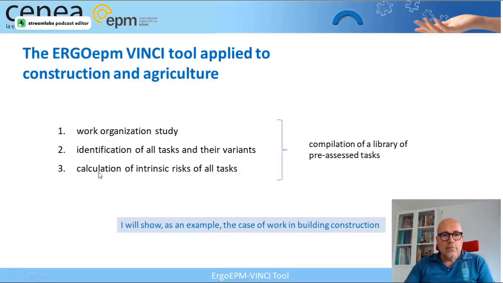Next, the calculation of all the intrinsic risk indices of all these tasks and their variance has been carried out. And therefore a library of pre-assessed tasks has been built.